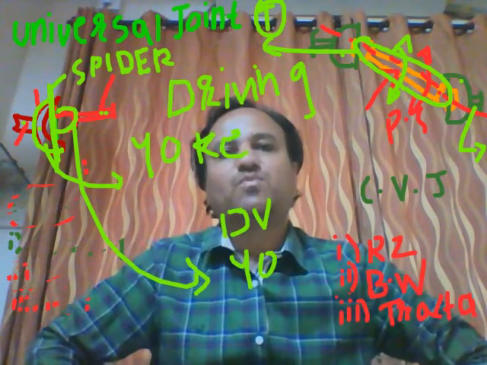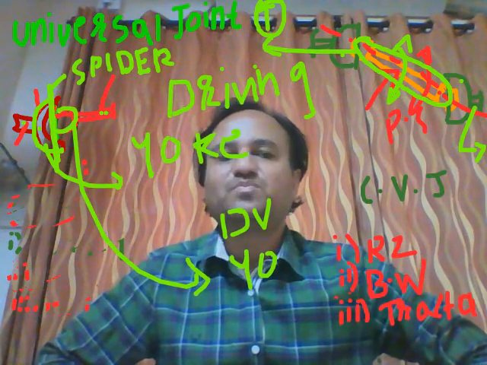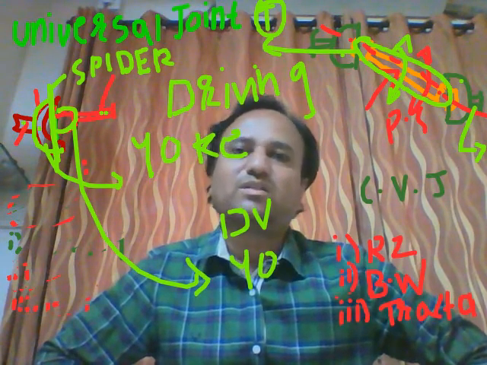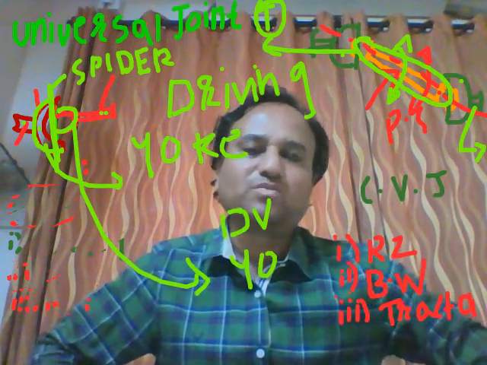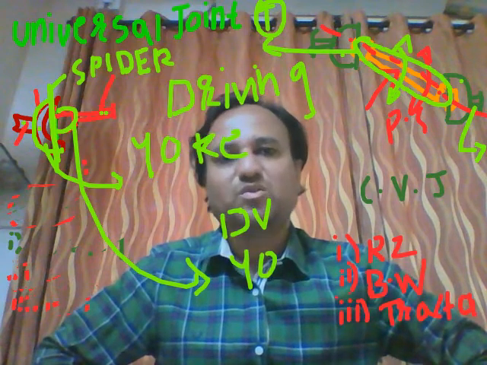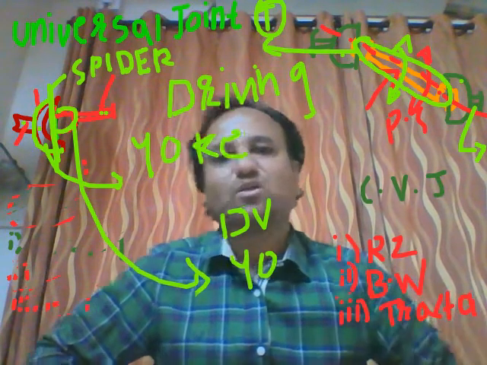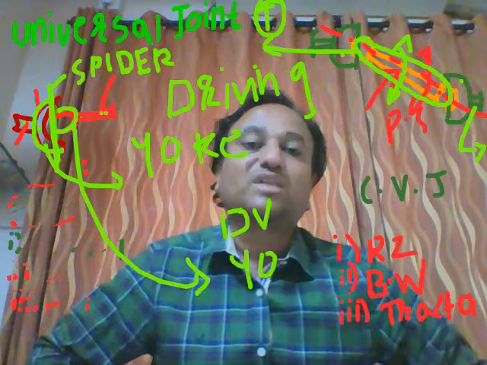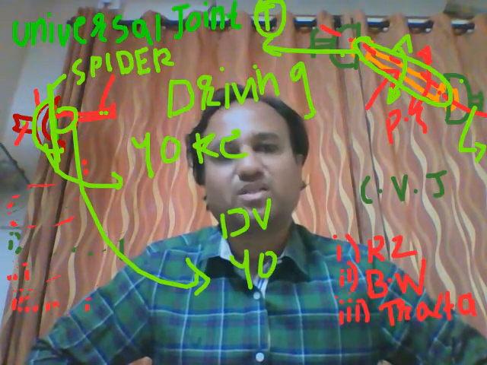So in a power transmission system, the universal joint plays a vital role. It gives flexibility to the transmitting or rotating shaft.